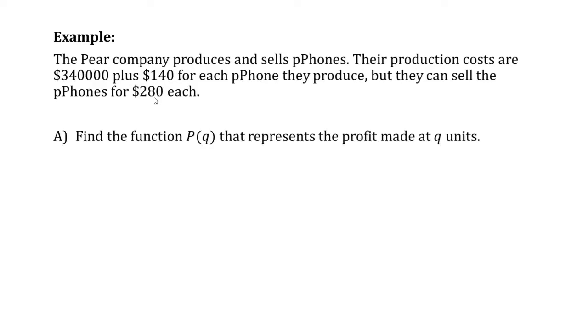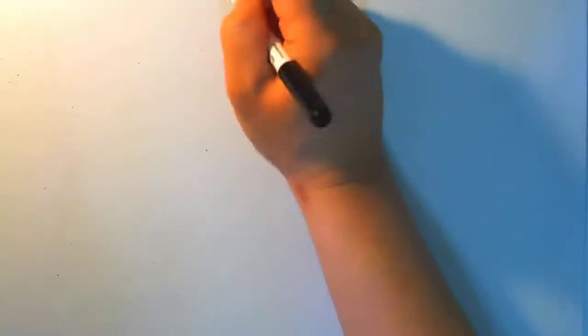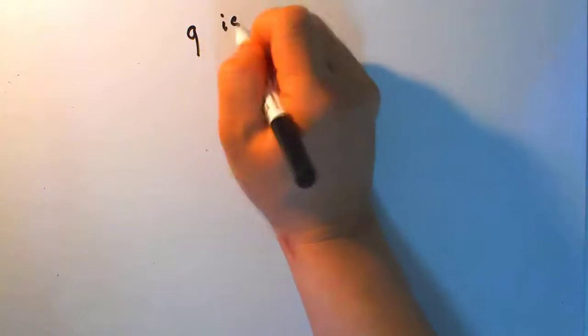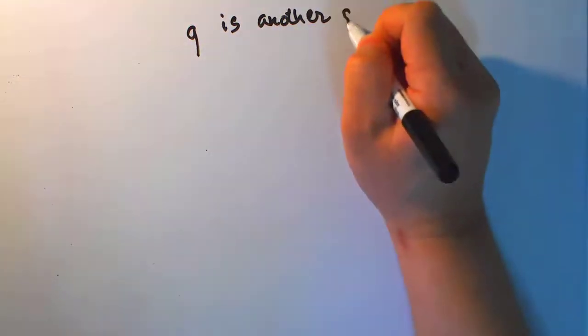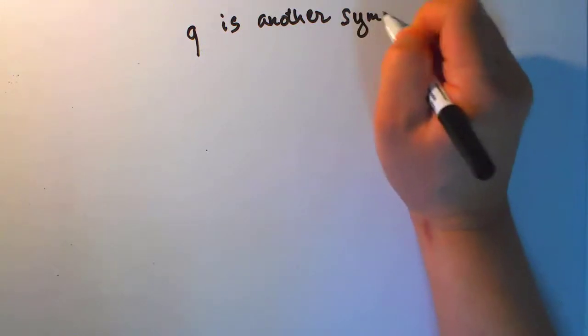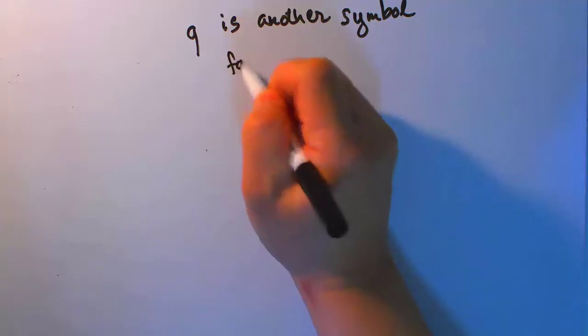The first question here: let's find a function P of Q. Now, I just want to reinforce the fact that x is not the only variable to represent quantity. A lot of the time, Q is another variable for quantity.